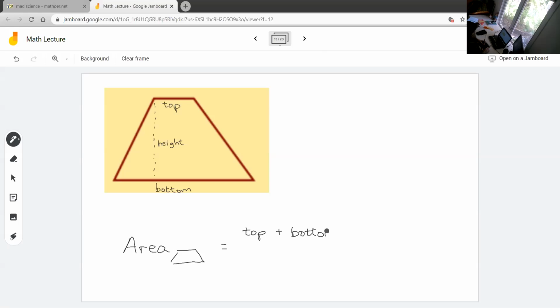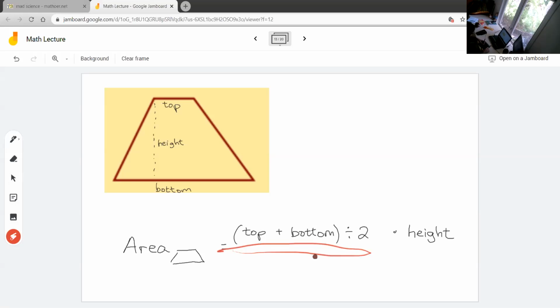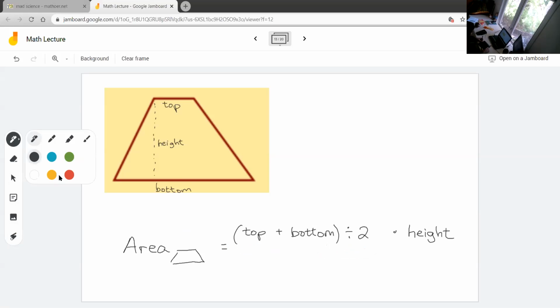I can take my bottom, take the divided by 2 and bring it to the middle, and it still works, and then times height afterwards. And this part has a name. What do you call it when you add up two things and then divide by 2?